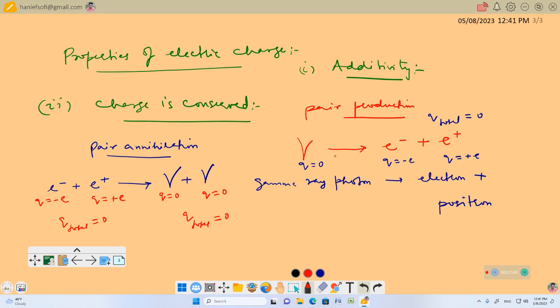To conserve momentum and the total energy in the process, these events take place this way, which I have shown here. So the point is, the electric charge is conserved in any process, right? So this is the second property of the electric charge. Let me move to the third property.